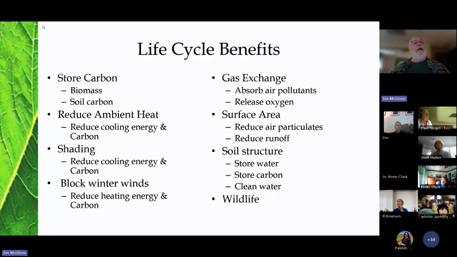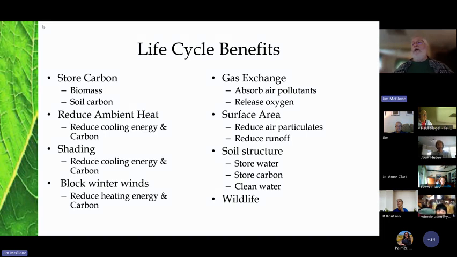Shading does the same thing. And in the winter, trees can block winter winds and reduce heating by keeping the area warmer. When they do the gas exchange to pull in the carbon dioxide they need for photosynthesis, they also take in a lot of pollutants that we would otherwise have to breathe in and irritate our lungs.